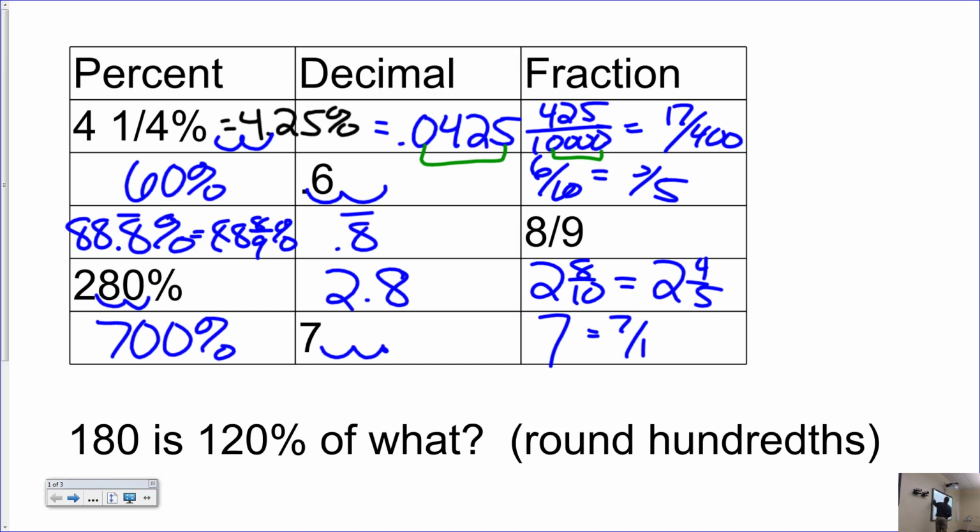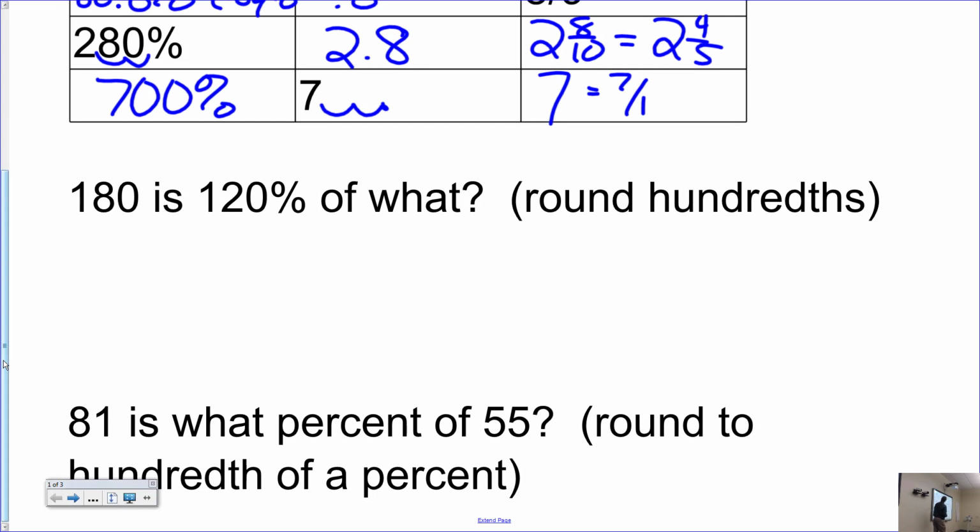Alright, so how about the word problems? How do I do 180 is 120% of what? Who hasn't gone yet and is feeling it?